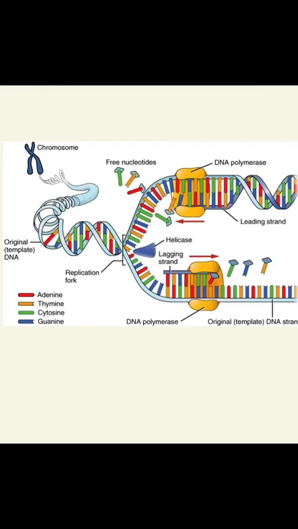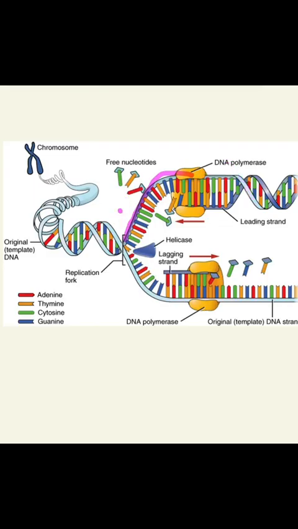Now the way in which DNA polymerase adds is in a 5' to 3' direction, which just means that this end will be the 5', and then this end over here will be the other way around.